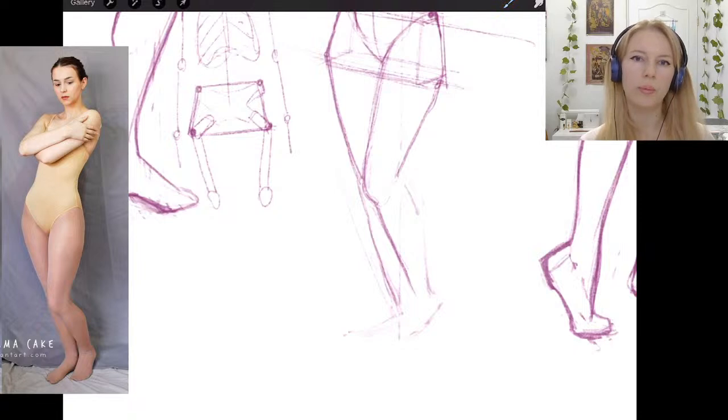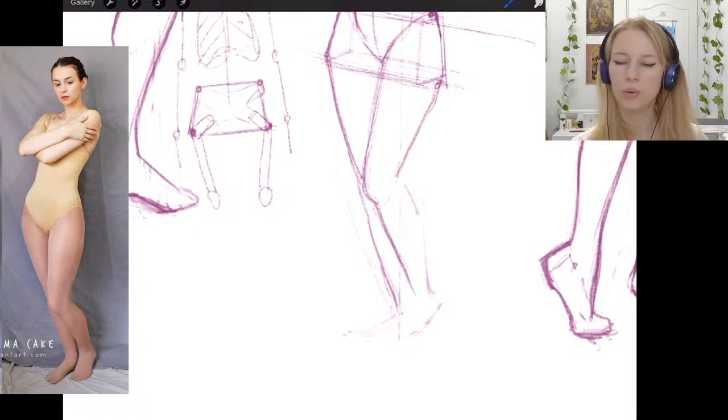So I would definitely recommend to study poses first in very simple ways, like the ones that are standing straight, looking at you, without any perspective or difficult angles. Try to understand them first, and then when you have some idea how it works, it gets easier to rotate them, because it's basically rotating these geometrical shapes in perspective.